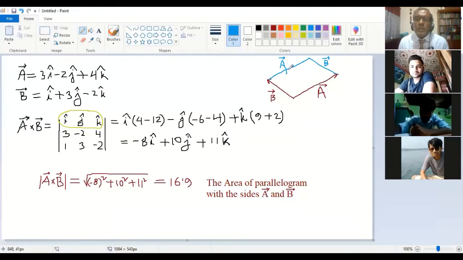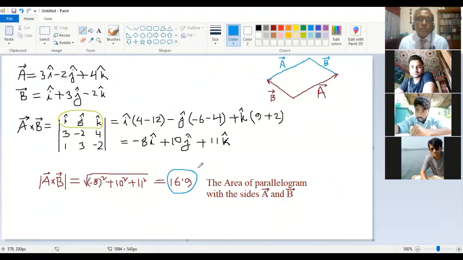So if you think about the area of this parallelogram, that will be 16.9. And it is of course square unit. Okay. So 16.9 is the area of the parallelogram made by the two vectors given.